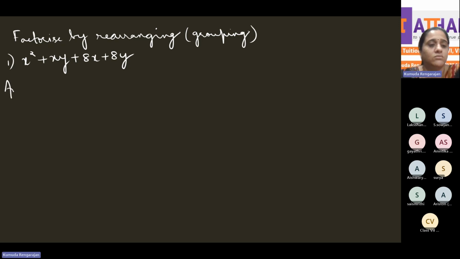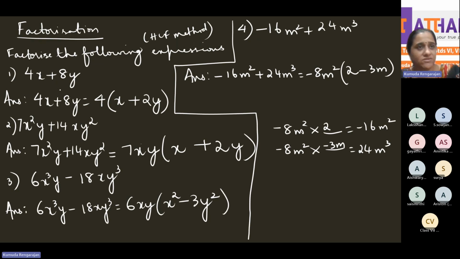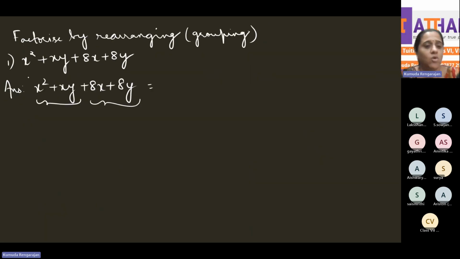So what do we do? We group the first 2 terms and the last 2 terms. Now, in the same way, you take out the HCF. Use the same procedure here, only for the first 2 terms.